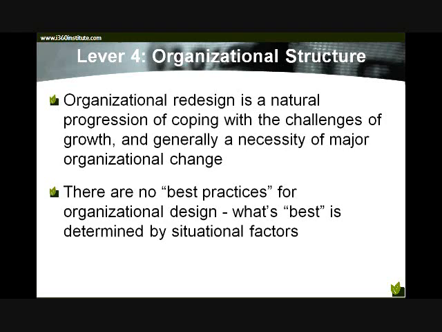Now, it doesn't mean we can't look for benchmarks. We can look for systems that are either inside or outside our industry that have done it well. We can learn a lot from benchmarking, but it doesn't mean a cookie-cutter approach to change. We can't take one system and just lay it over another system and be successful. Your culture and your organization deals with change differently.